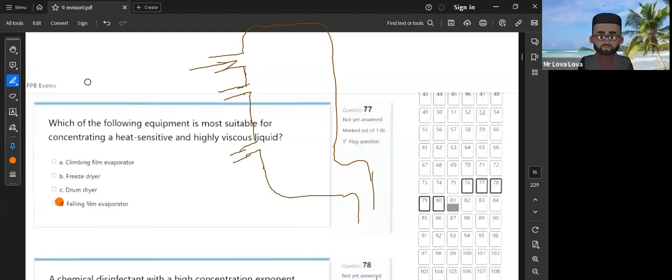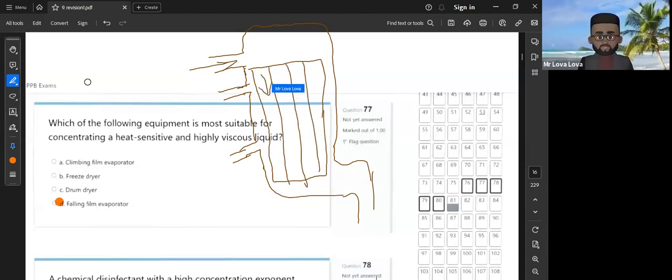Then there's a kind of partition in between here, so the viscous fluid will flow through this. Then here you have steam coming in and condensate coming out. When you put your viscous fluid in here, it will flow down because of gravity. But this steam will concentrate it before the steam is cooled back down into a liquid, which is water, and it flows out. So by the time it's getting down here, it's been more concentrated. That's the simplest understanding.